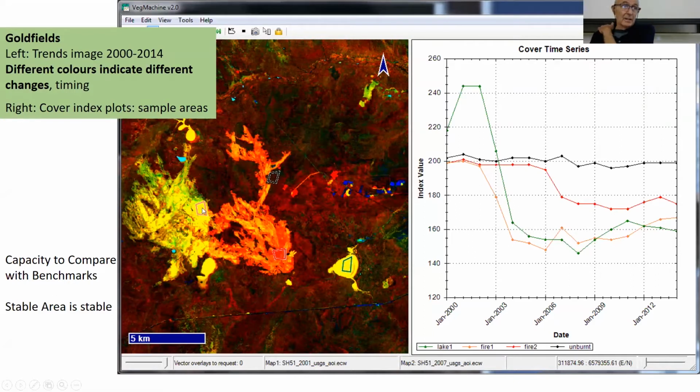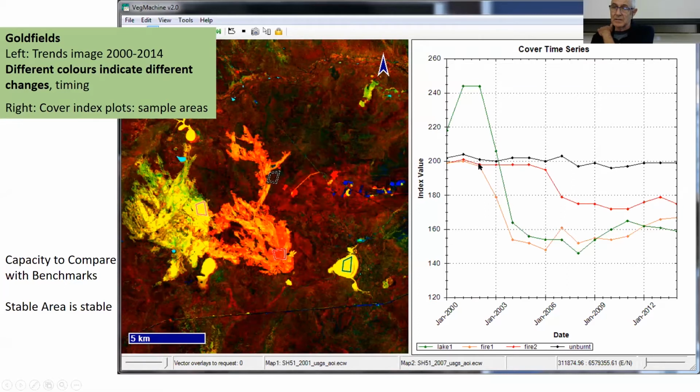And there are two different colours because there are two fires that affected that area at different dates. I don't know if you can see, but there's a little polygon there which I've used to plot out this line here. And there's another one here in an unburnt area. So the unburnt area represents, if you like, a stable benchmark against which the fire impact can be assessed.